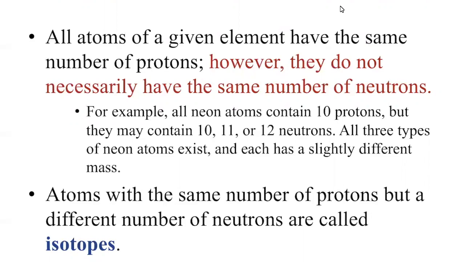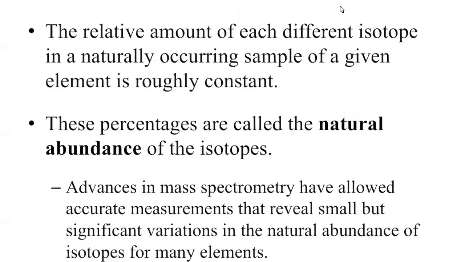But you can have neon 10, neon 11, and neon 12. What that's referring to is the mass, so the number of neutrons is changing. When you look at the periodic table, you're going to see an atomic mass, and you'll see that it has decimals.